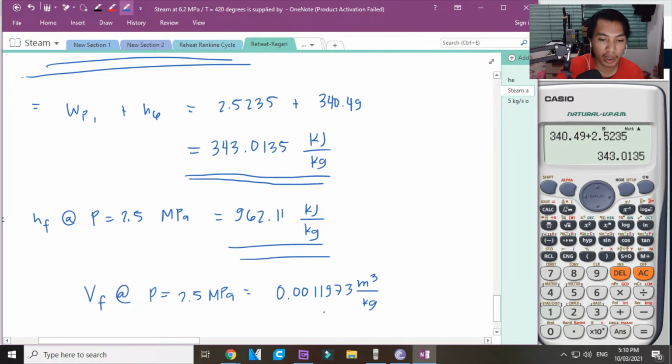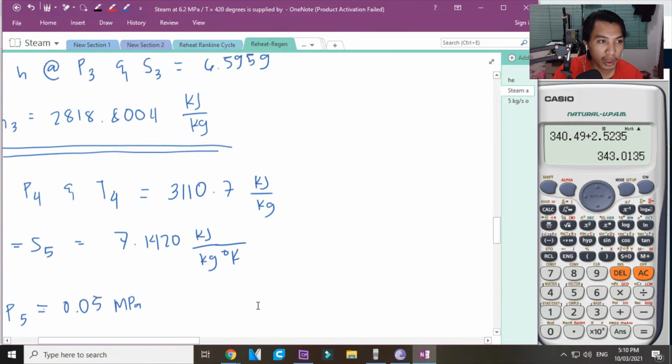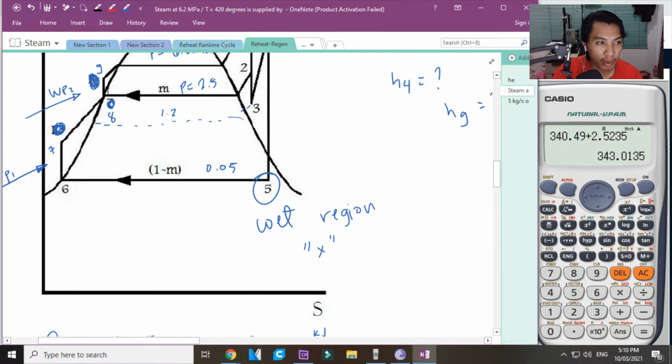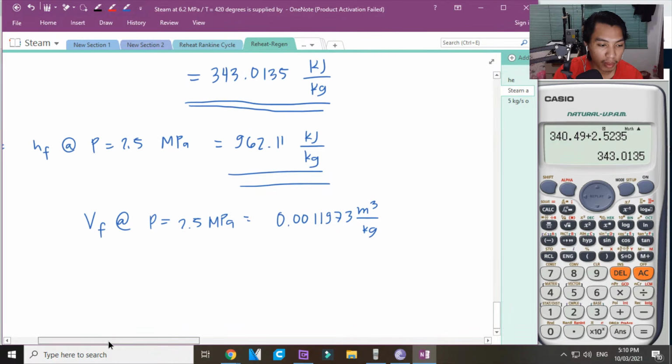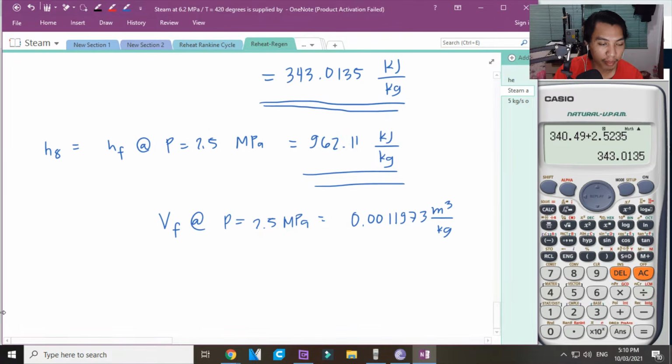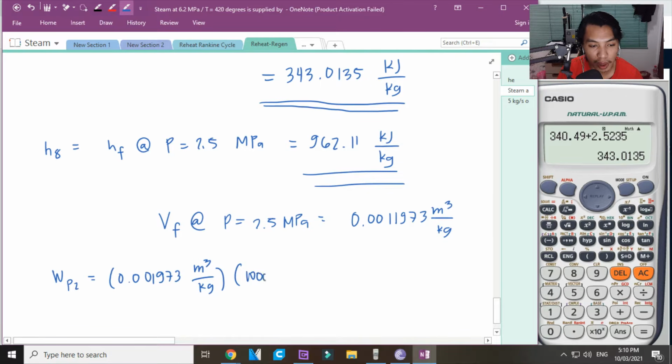Let's find the work of pump 2. Look at the diagram again, this is where it enters. The work of pump 2 is VF, 0.001973 meter cube per kilogram, multiplied by 1,000, times the pressure it is raised from 2.5 to 6.2, so 6.2 minus 2.5.